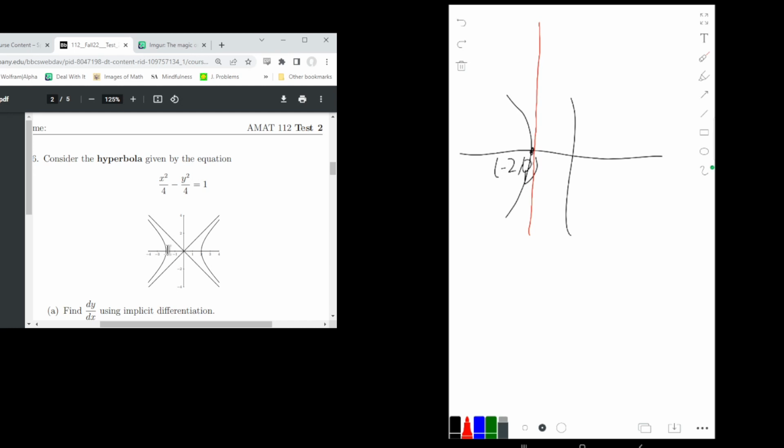So the derivative won't be defined there because vertical lines have an undefined slope. There is no change in y over change in x, because it doesn't change x.